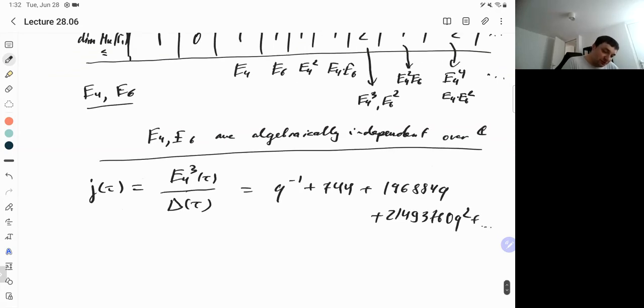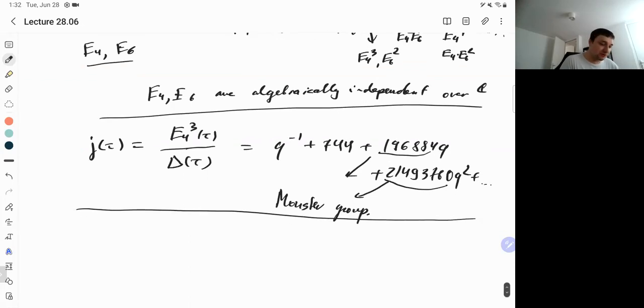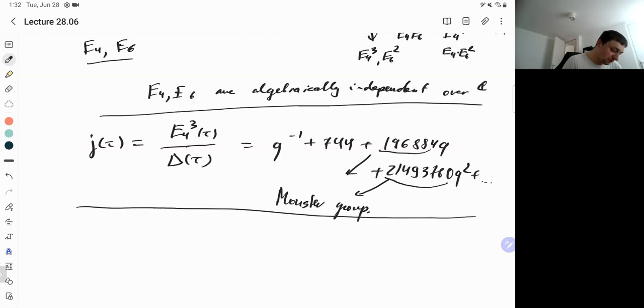And so, it won't play any role in what I'm going to talk about later, but these numbers actually are very special. They have something to do with the monster group. This is the so-called monstrous moonshine. And there's a priori no obvious reason why these modular functions should have anything to do with finite groups.